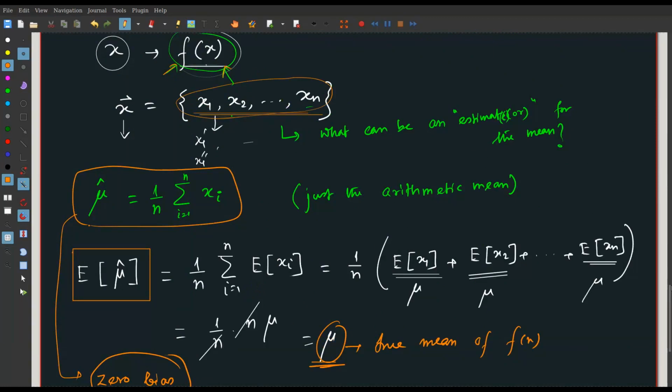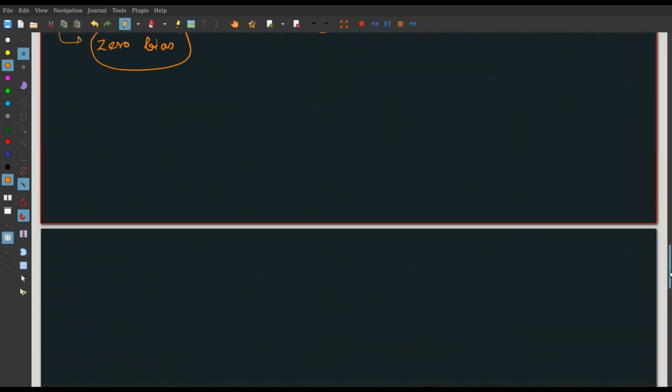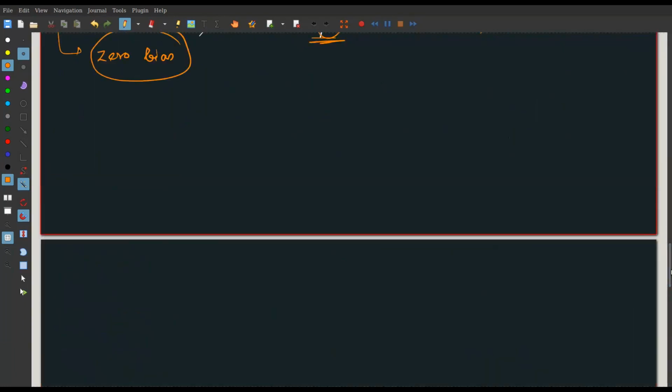Now, as it happens, you can also construct it pretty easily. So that construction, this is sigma square. This is sometimes called the sample variance.